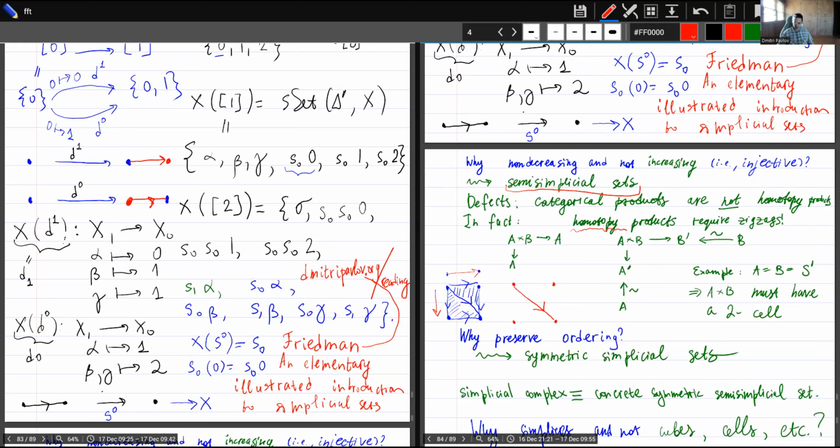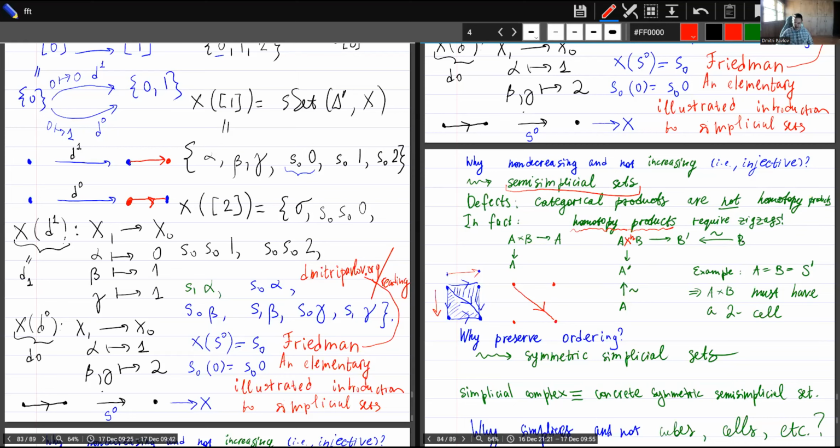And whereas previously for simplicial sets, homotopy products could be computed as ordinary categorical products, here you must instead use, let me put it in red, some other model for the homotopy product, which I denote using a superscript H. So this is a cross with a superscript H. You will have to define it separately, and you will have to establish its properties separately.